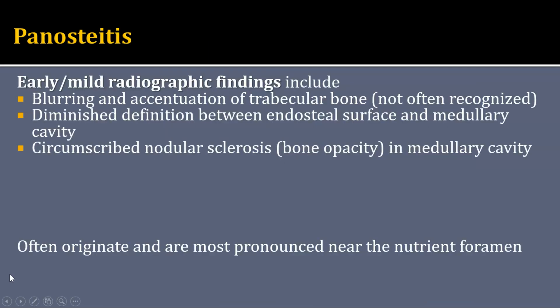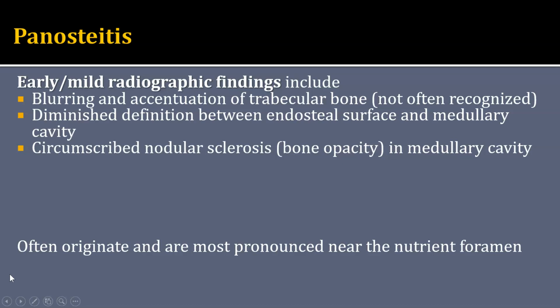Now, because this is a disorder with osteoblastic activity, we're actually looking for regions of increased bone opacity within that medullary cavity. Very early or mild findings might include blurring and accentuation of the trabecular bone as it becomes more opaque in the medullary cavity, but this part is oftentimes not recognized. Later, we'll see some diminished definition between that endosteal surface of the cortex and the medullary cavity because the medullary cavity is having areas of increased opacity or sclerosis.